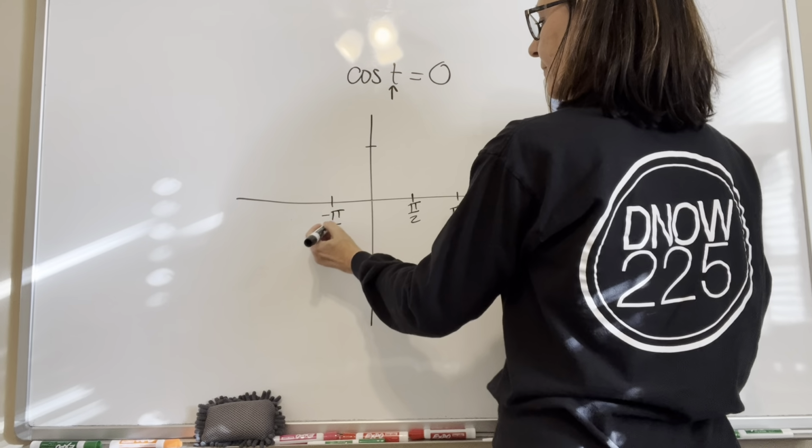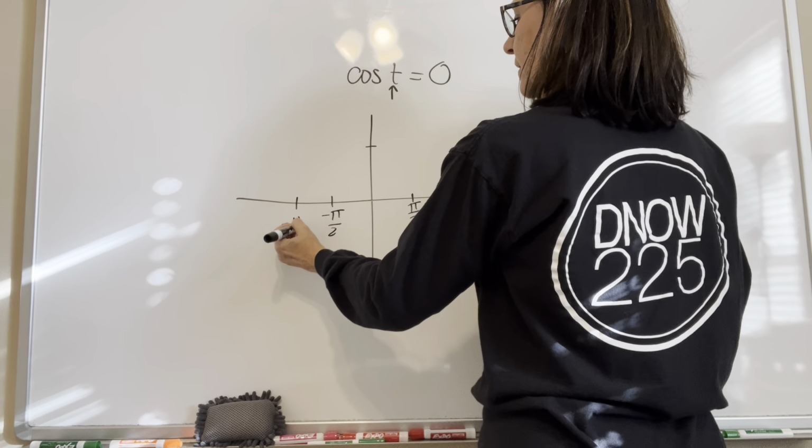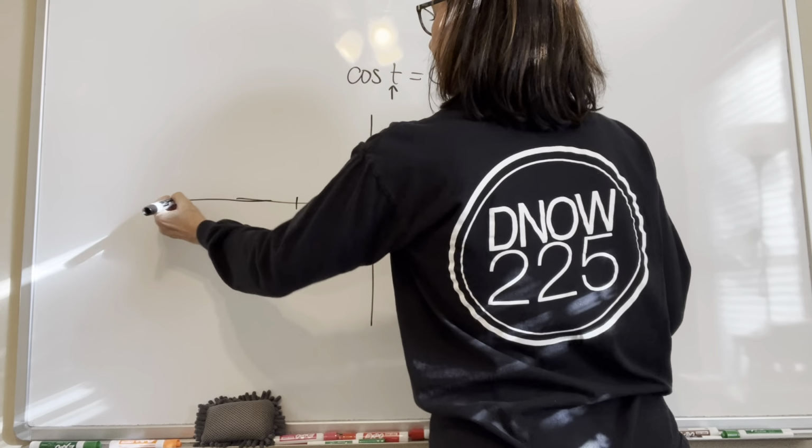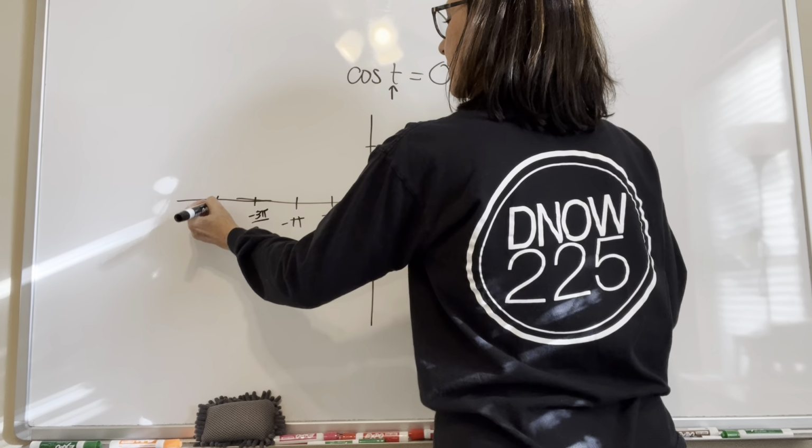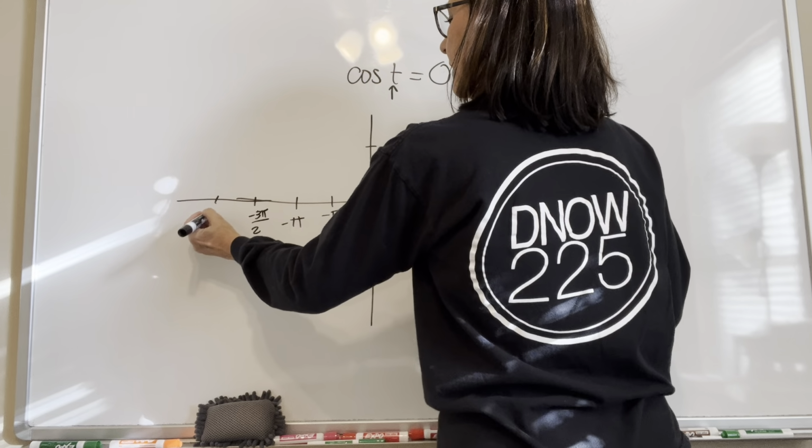And then we'll do negative pi over 2, negative pi, negative 3 pi over 2, negative 2 pi, 1, negative 1. We start at 1, 0, negative 1, 0, 1. I go back, 0, negative 1, 0, 1.